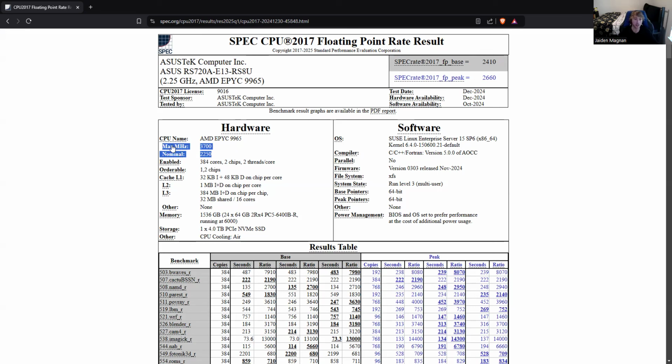The next part that's important is your megahertz over here. This is how fast your CPU is. So your max megahertz is going to be 3.7, and this is peak performance, right? Peak clock rate. And then nominal is just going to be your normal 2.2, 2,250 megahertz.